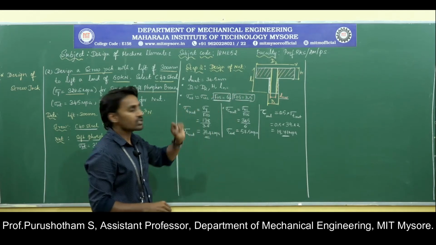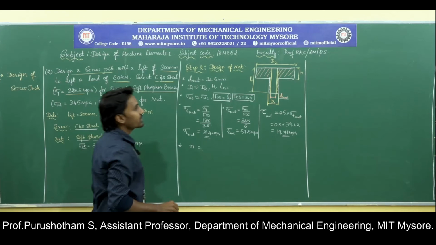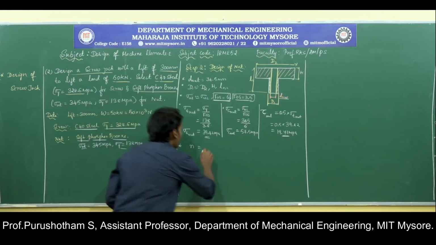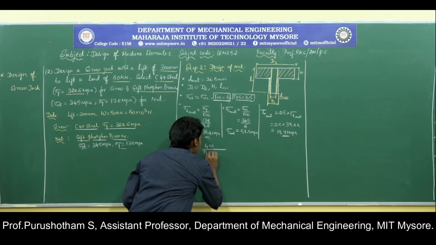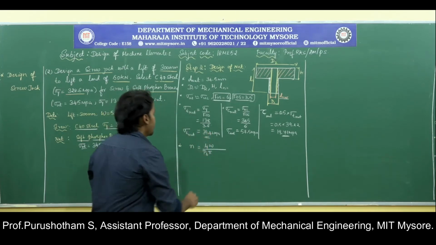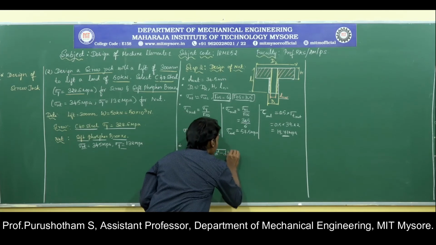To calculate the length of the nut, first I need the number of threads in the nut, which is given by N = 4W by PB times pi into (d square minus d1 square).